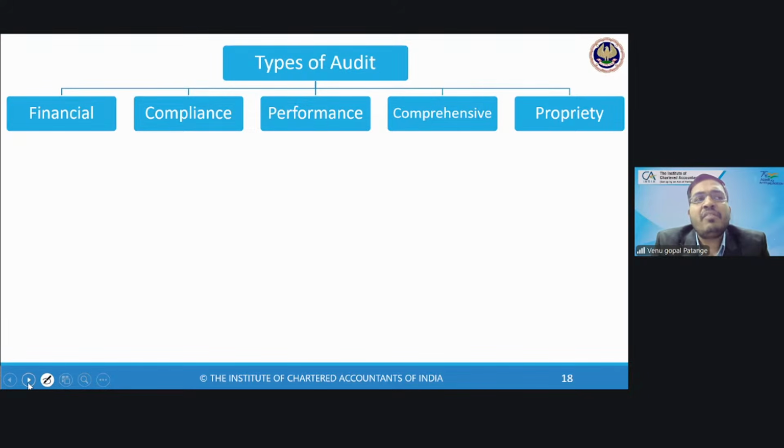They will give you a scenario, and you need to identify which audit covers this kind of scenario. So the distinction between one audit and another audit is very much important to know. And you can only do it by understanding the elements in each type of audit. So with this background, we'll move further.